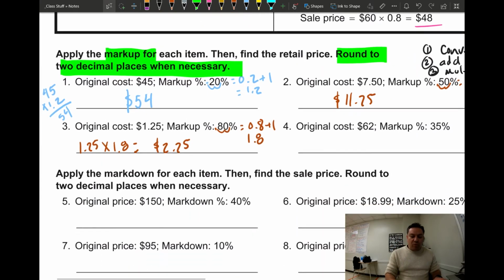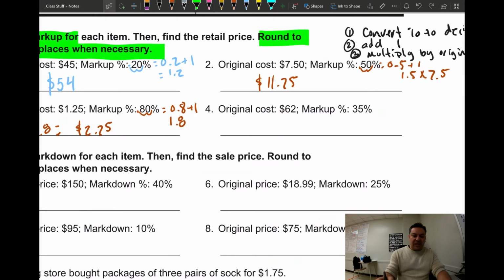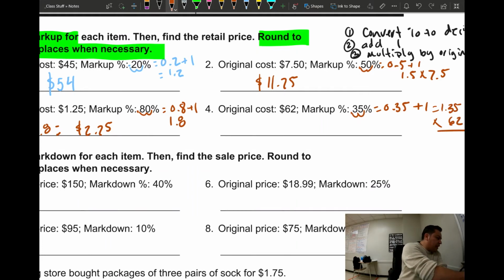Last one for markup. Original 62, markup by 35%. Move the decimal, first step. This is 0.35. Add 1 to that. Gives us 1.35. Multiply by the original. 1.35 times 62 gives us 83.7. Notice, round to 2 decimal places.